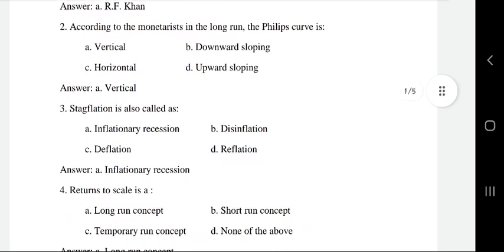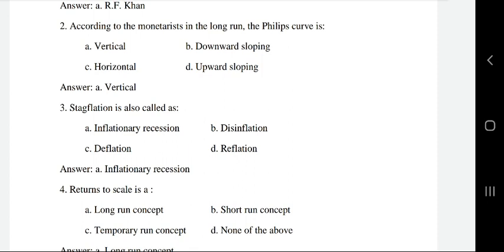Question number 3. Stagflation is also called as? Options are inflationary recession, disinflation, deflation, reflation.